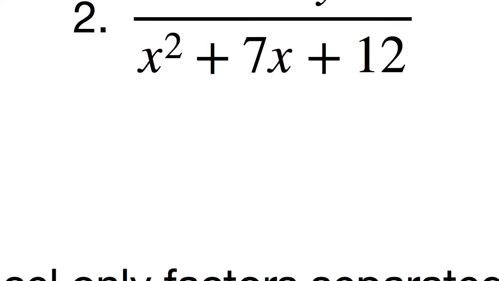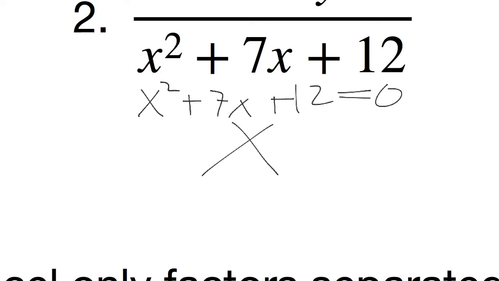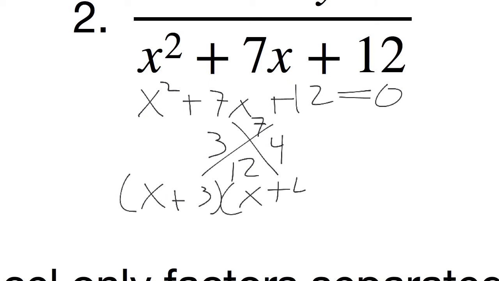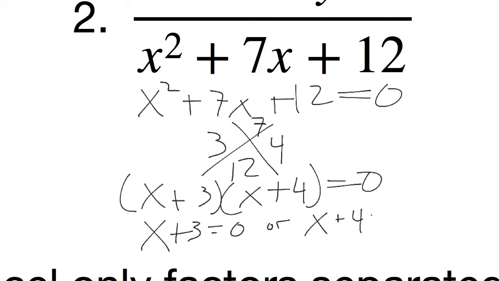We don't know yet. So let's factor it. When will x squared plus 7x plus 12 equal 0? Factor it. What two numbers times each other equal 12 and add up to 7? That'd be 3 and 4, so you get x plus 3 and x plus 4 equals 0. Therefore, x plus 3 equals 0, or x plus 4 equals 0.